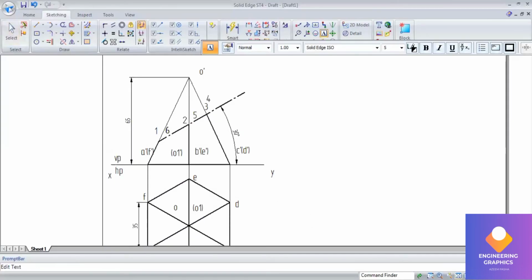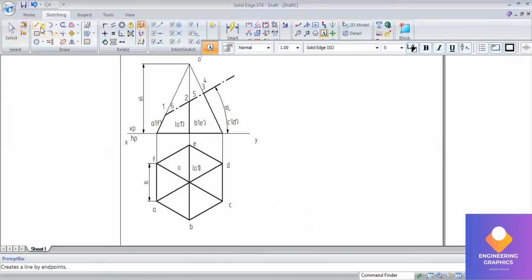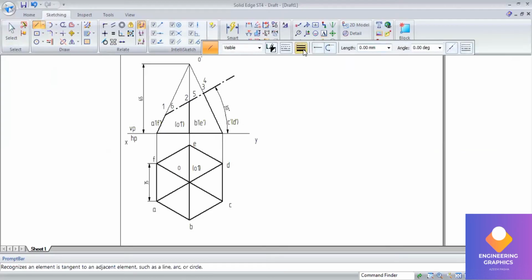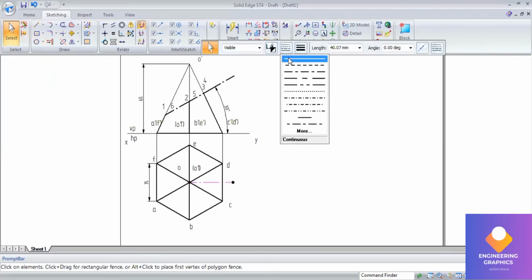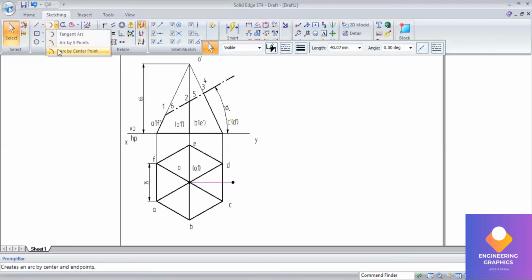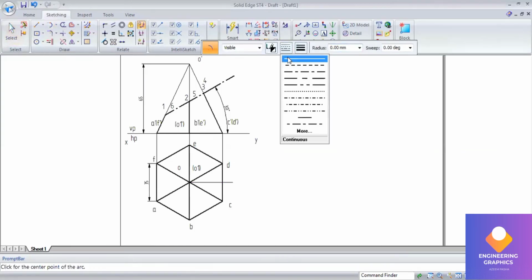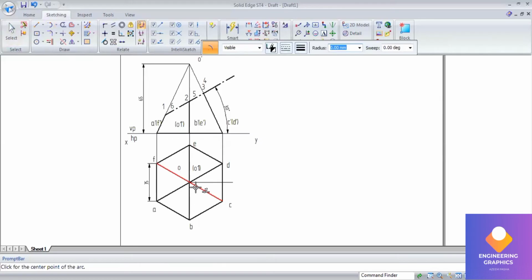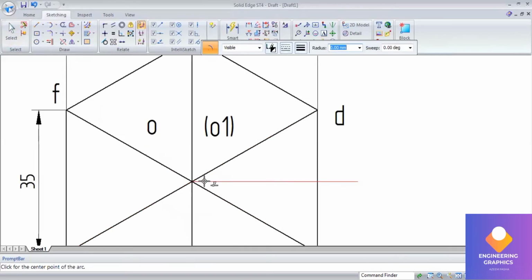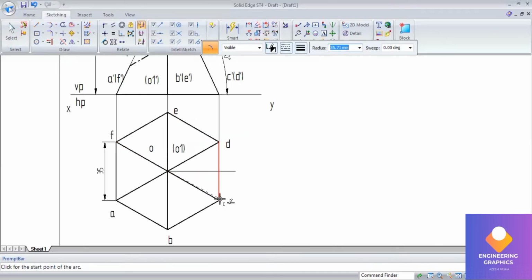Okay, you can see in the top view none of the edges are parallel to the XY line, so we have to make it parallel here. So from that center point I'll be drawing a straight line, and then I will go to arc by center. So measuring the distance from OC, from that OC, I'll be cutting the arc.